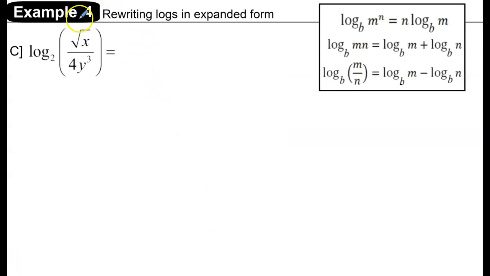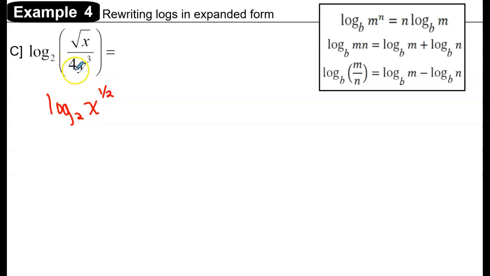Okay, let's go over example 4 together. So we've got a log base 2 of the quantity square root of x over 4y cubed. Since the square root of x is in the numerator, I'm going to have a positive log base 2 of x, and square root of x is the same as x to the 1/2 power.